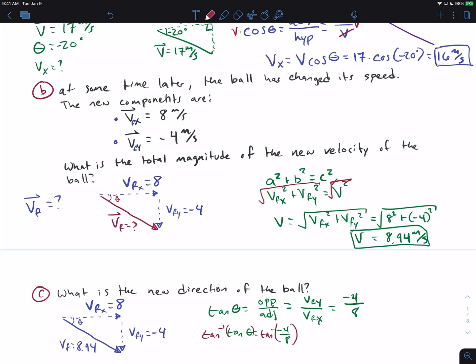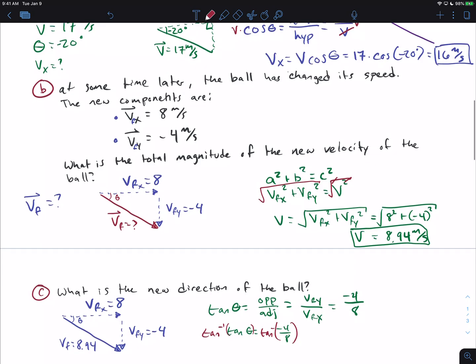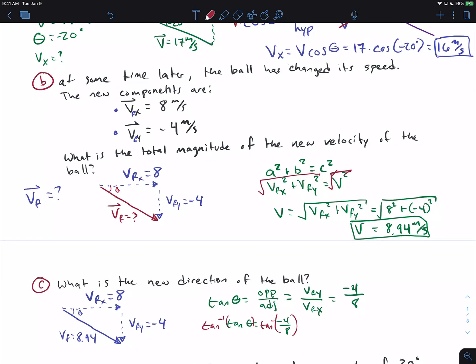Remember, this is kind of what we discussed when we first introduced vectors, is how we do this, right? So if we take the tangent inverse of both sides, the tangent and the inverse will cancel on this side, and it'll remain on the other side. So this theta is just equal to the tangent inverse of -4/8.